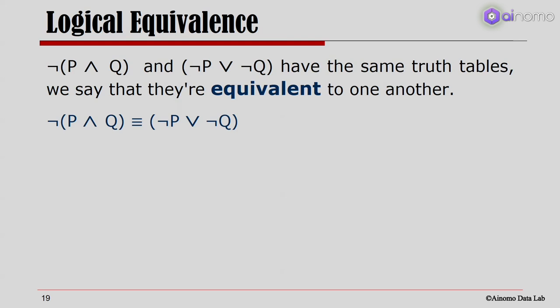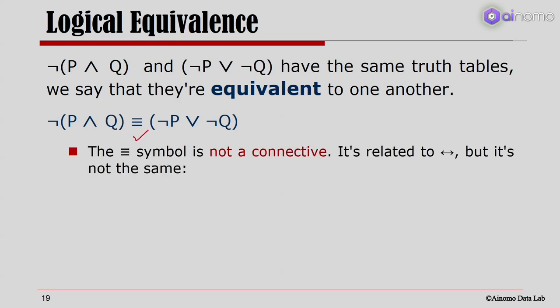Let us now focus a little on what we mean by the equivalence relation. The symbol of equivalence that I have used here is not a connective. It is related to the biconditional, but one needs to be clear that it is not the same.